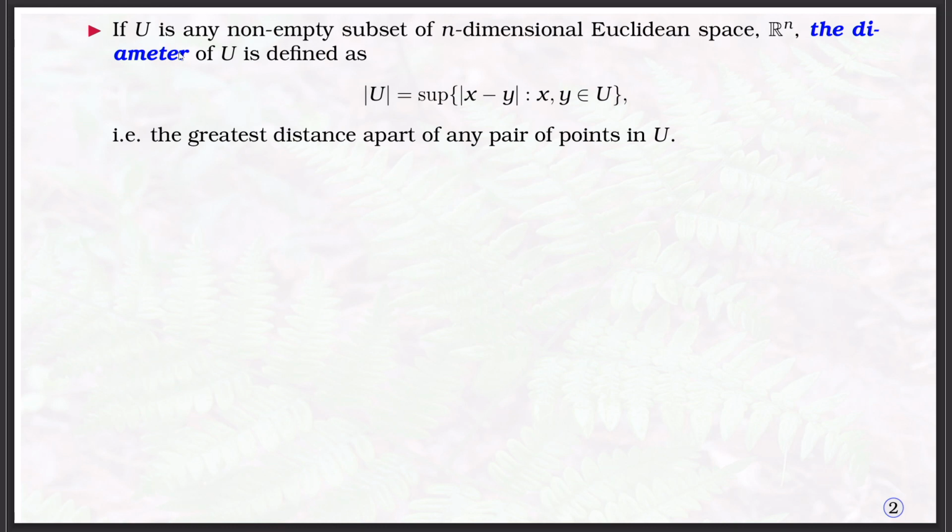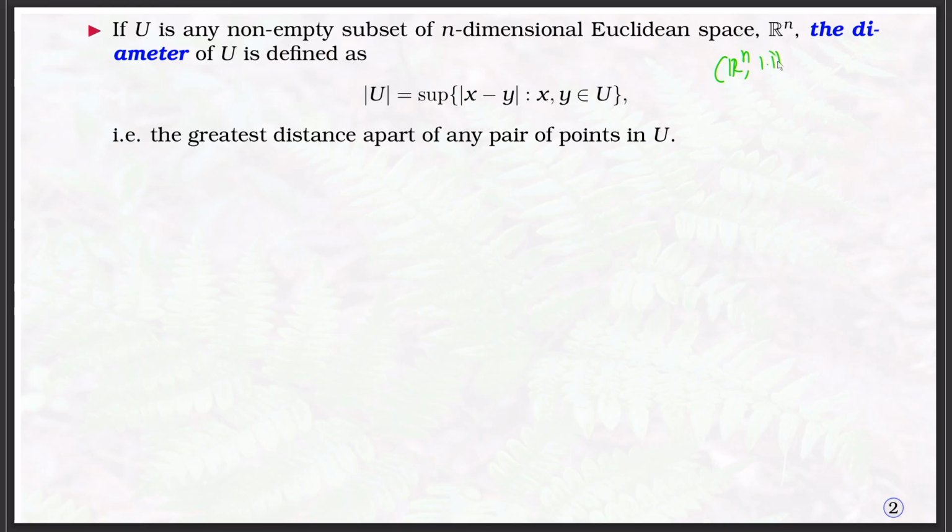If U is any non-empty subset of n-dimensional Euclidean space R^n, the diameter of U is defined as the supremum of the distance between two points x and y belonging to U. We are taking the n-dimensional space R^n with the Euclidean metric.